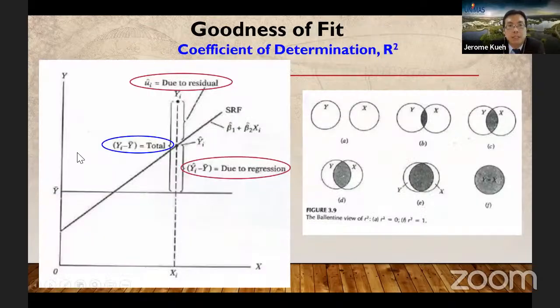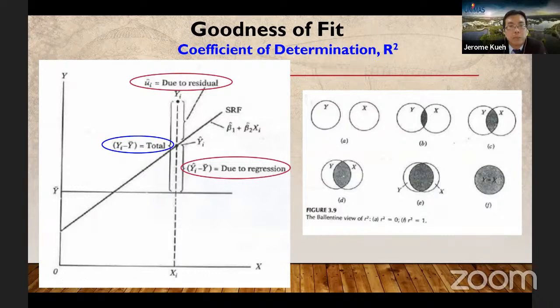And the other one is the coefficient of determination, the R squared. This is also an important indicator for us to see how the variation in the independent variables can explain the variation in the dependent variable. Basically the R squared looks at the errors and the explained variation that comes from the regression.